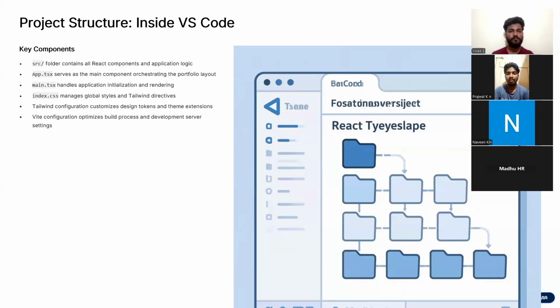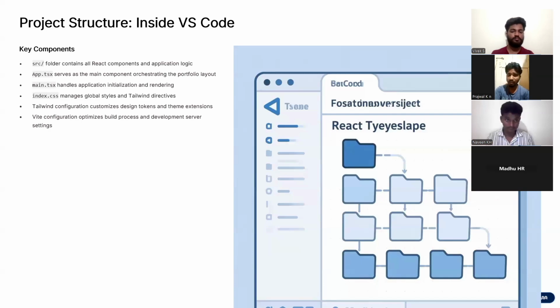Azure Static Web Apps are integrated directly with GitHub, making the deployment process seamless and completely automatic. The main reasons for using Microsoft Azure: first is serverless hosting, which means no server is required to set up or manage, ideal for static websites like portfolios.